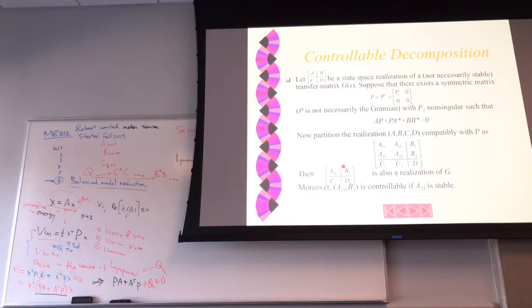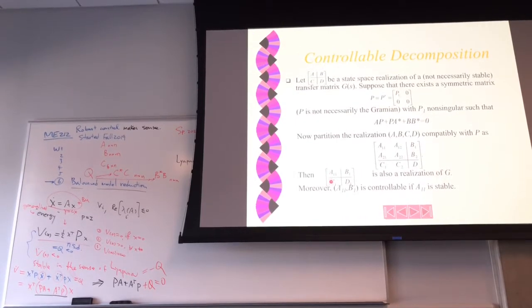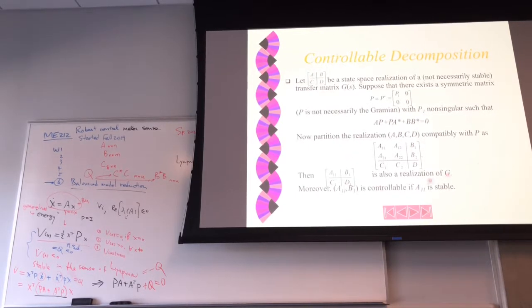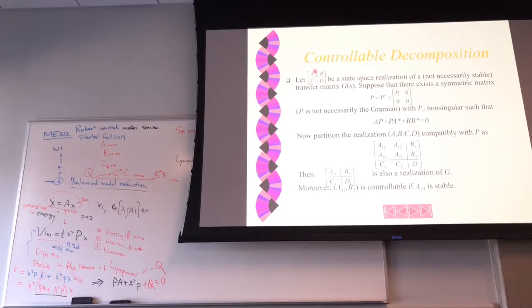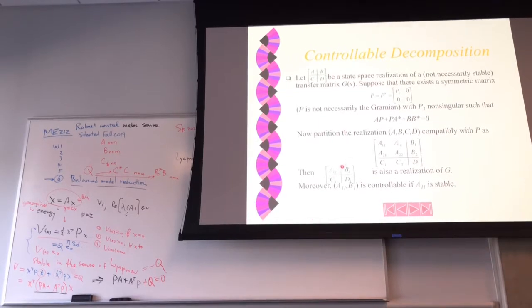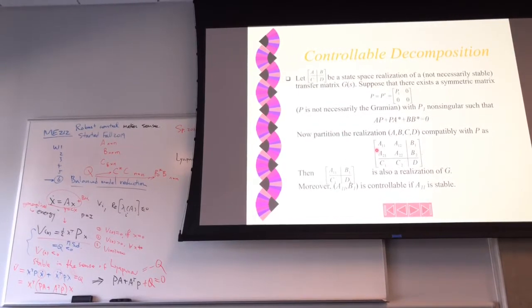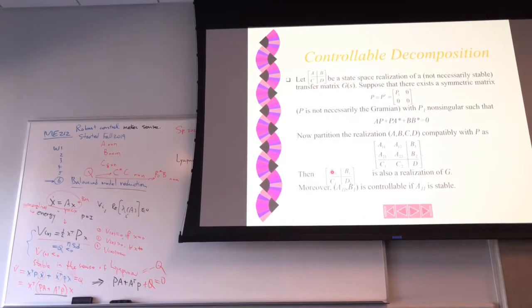Then you can see this is also a realization of G. In this case, if A11 is stable, then (A11, B1) will also be controllable. So going from this form A, B, C, D to this form is by rearranging them, and then you will see this is also a realization, but with smaller dimension.